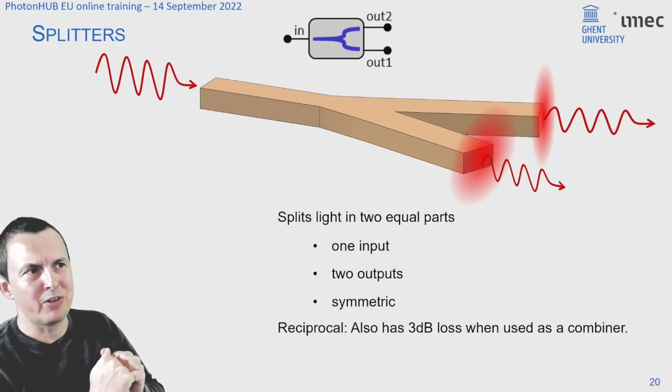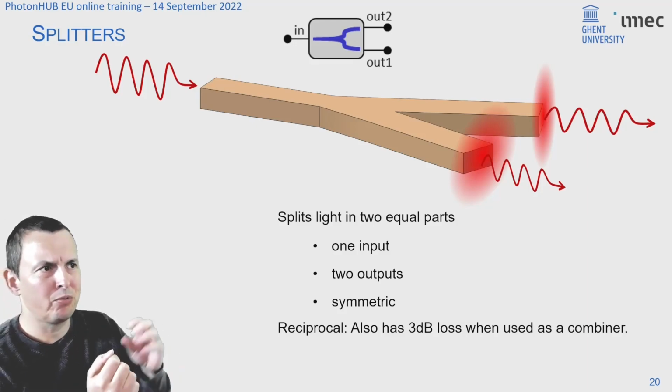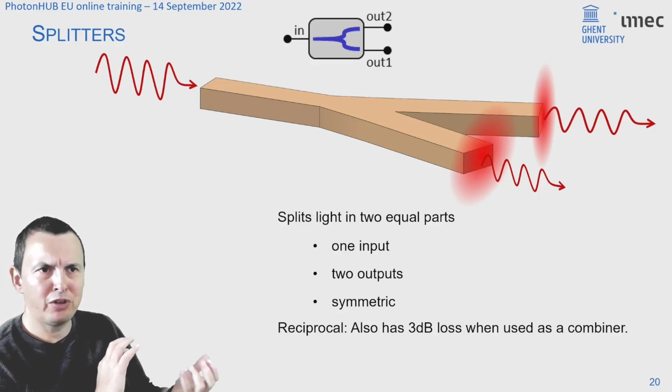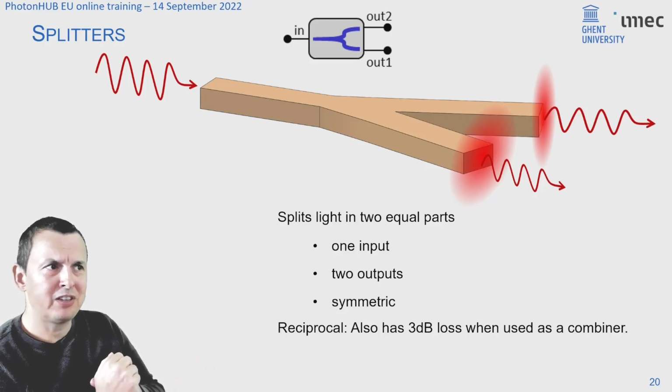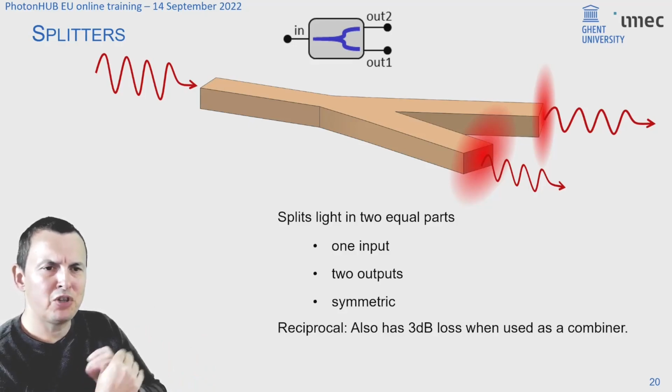It's reciprocity, in the sense that if you have a coupling from your input to an output port and that coupling is 50%, if you would reverse the flow of light and inject the light in that output port to your input, your transmission will also be only 50%.